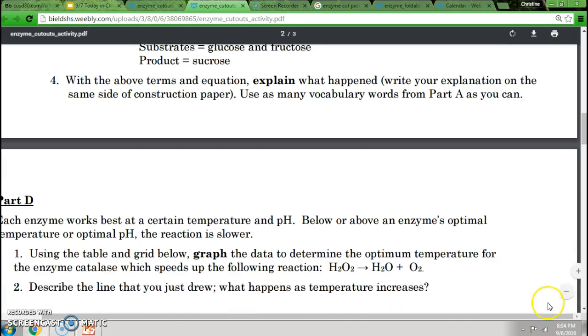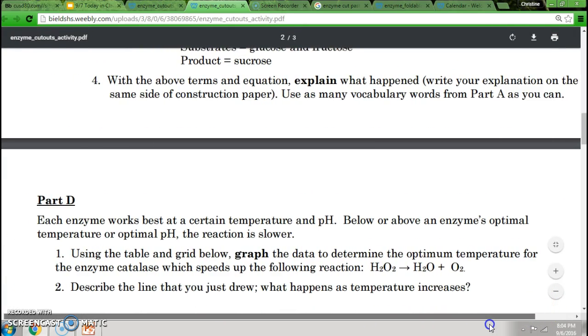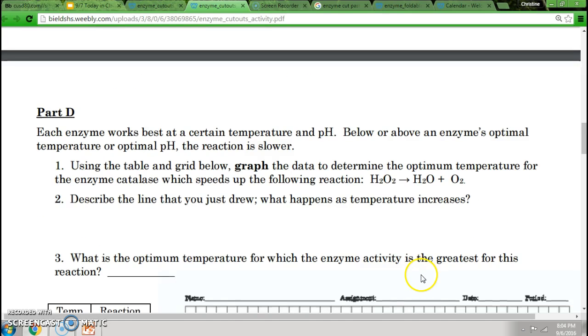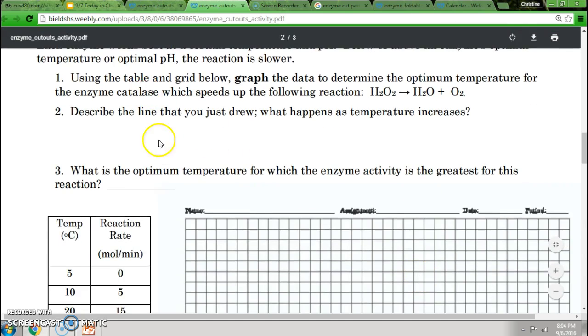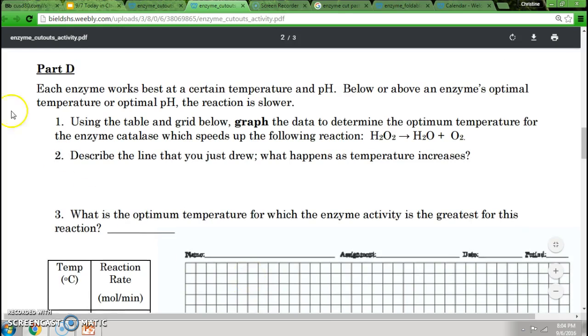with a different enzyme. From there, you're going to work on Part D, and on Part D, you're going to be reading this. Each enzyme works best at a certain temperature and pH. Both temperature and pH are things that can denature a protein. Denature means it's going to break it down so it doesn't work.